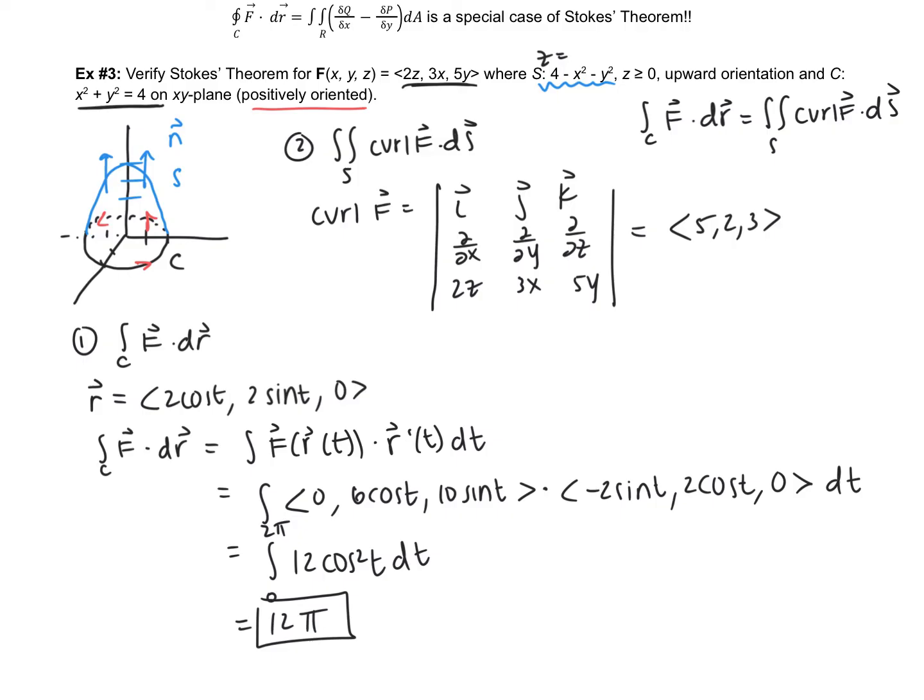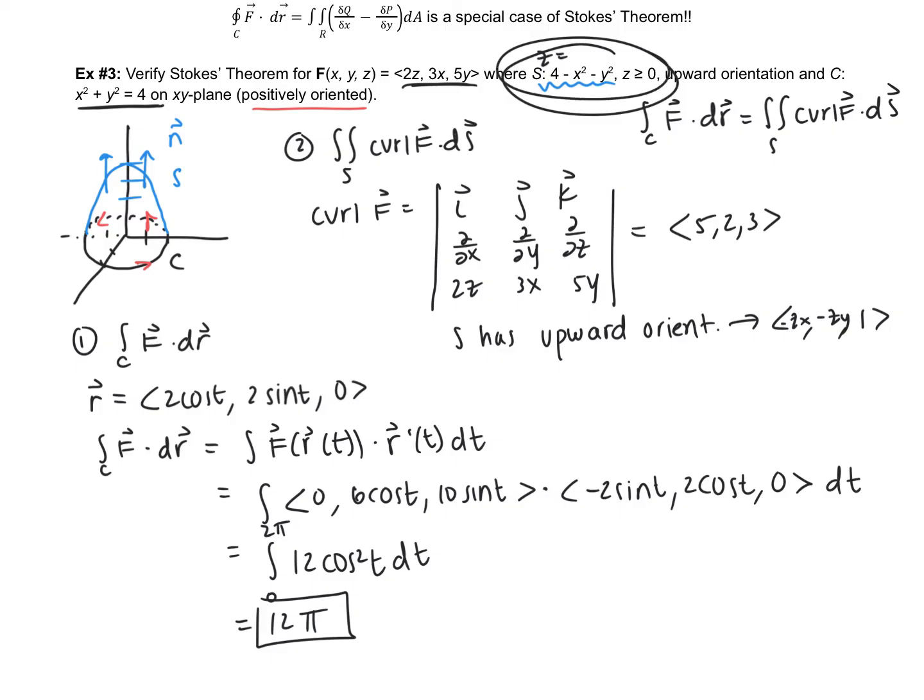And then we know that S has upward orientation, which means when we do our vector, the last number is going to be positive, and we have negative z sub x, negative z sub y, with our z coming from our paraboloid.